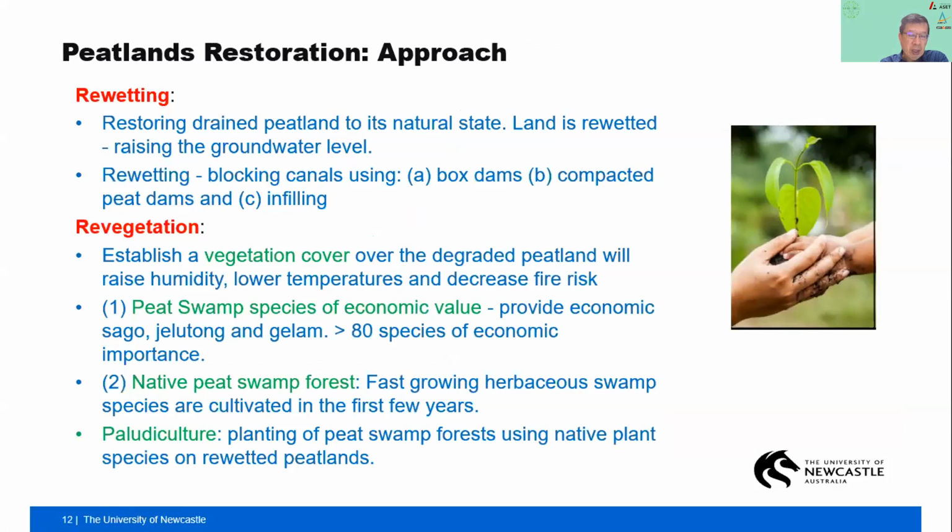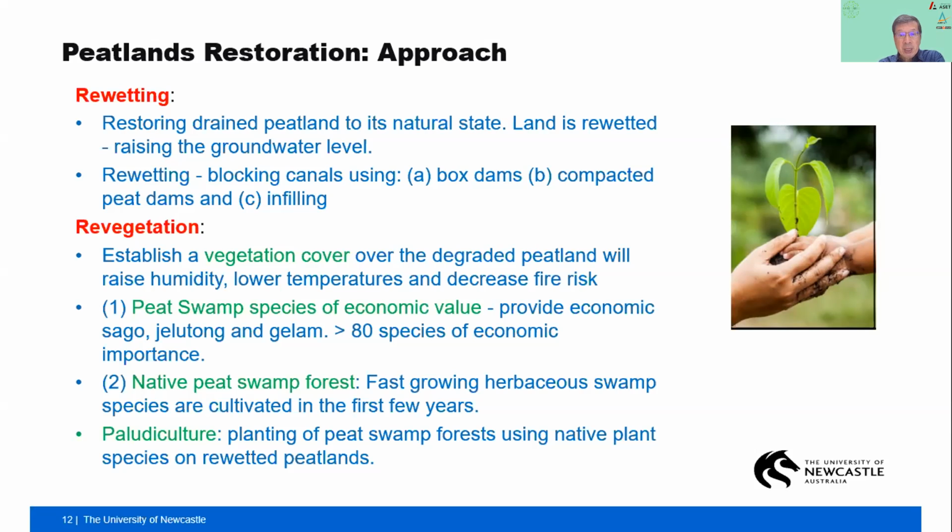Basically, they had to drain the land, they put in canals, dug canals that are a few kilometers long, and pump the water out from the peatlands until the groundwater is lowered. So we need to raise the groundwater, so the canals have to be blocked by different methods: box dams, compacted peat dams, as well as infilling. We'll see some of these pictures and examples later on in the presentation.